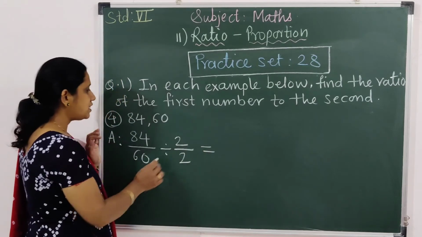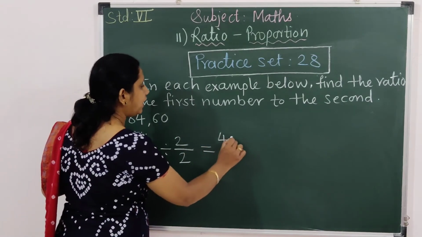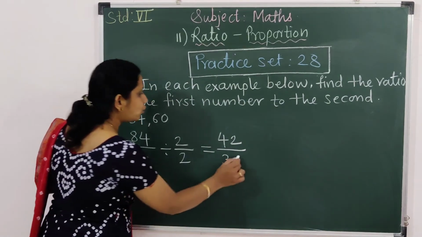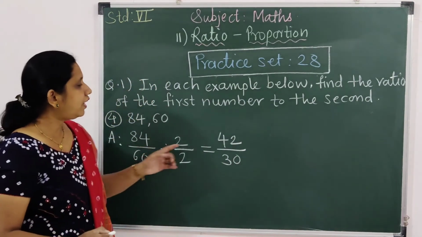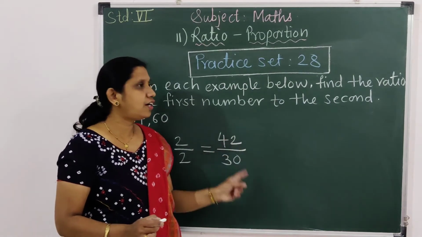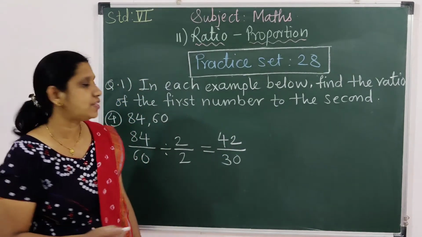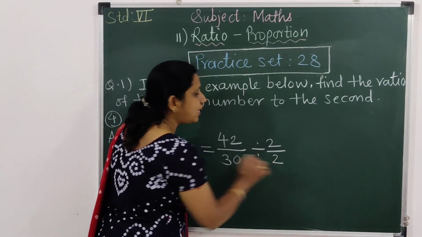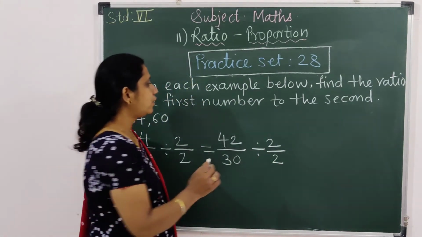Okay, so this is equals to 2 4s are 8, 2 2s are 4 upon 2 3s are 6, 2 0s are 0. Again, on unit place digits are 2 and 0, so it is divisible by 2. So let us divide in the numerator as well as in the denominator by 2.